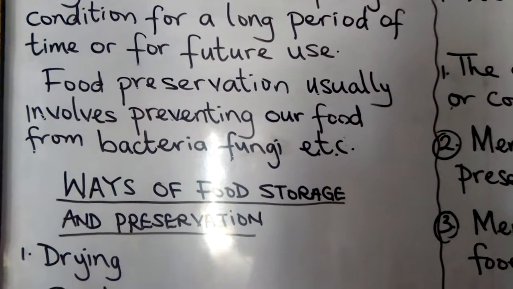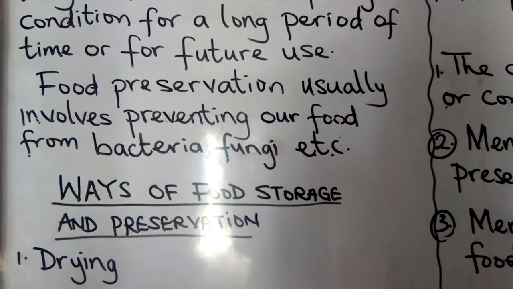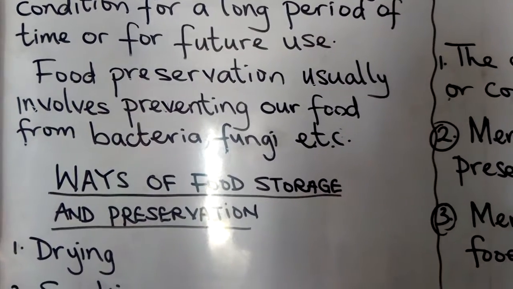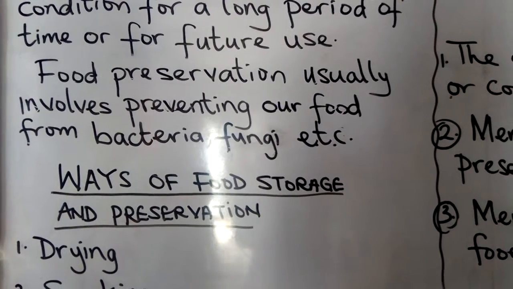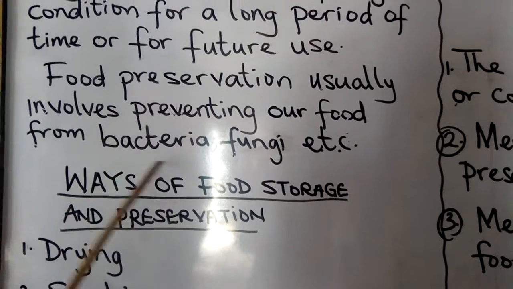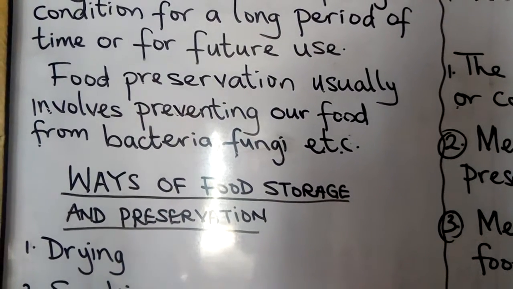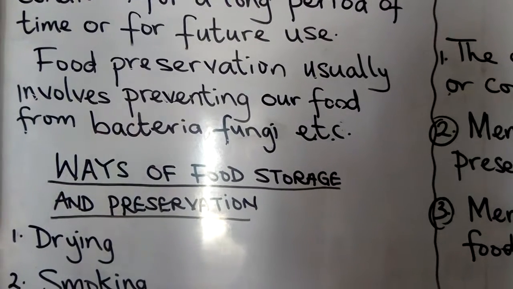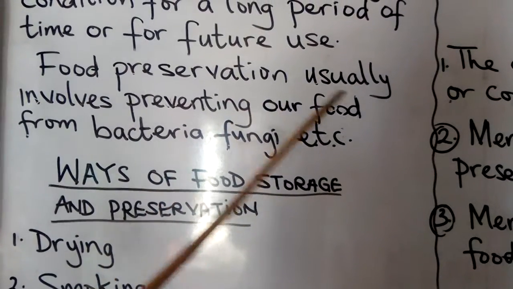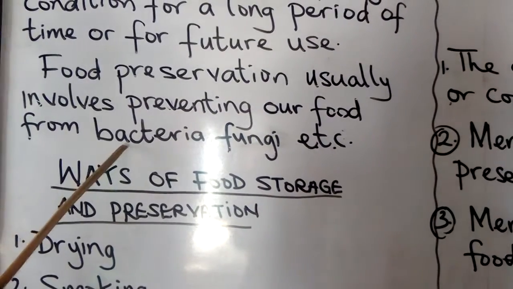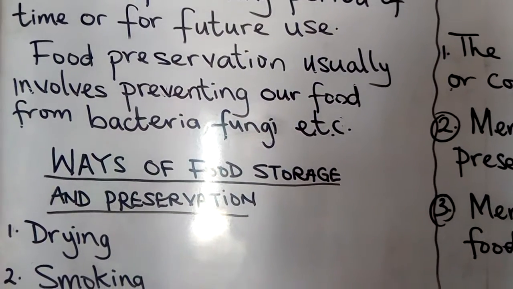So you might not be able to see bacteria and fungi with your eyes, but they are real. They are the organisms that can cause damage to our food. So food preservation usually involves preventing our food from bacteria and fungi.